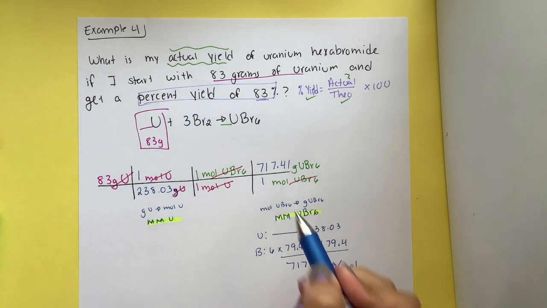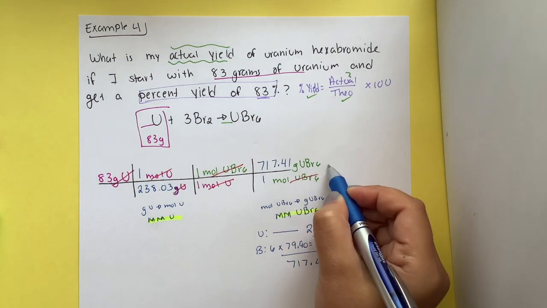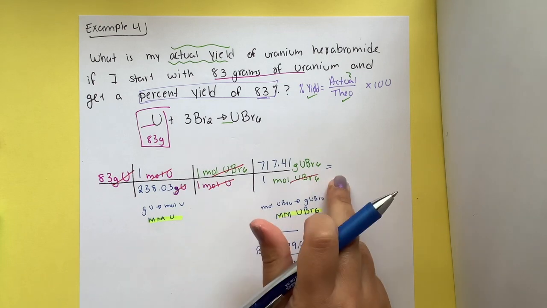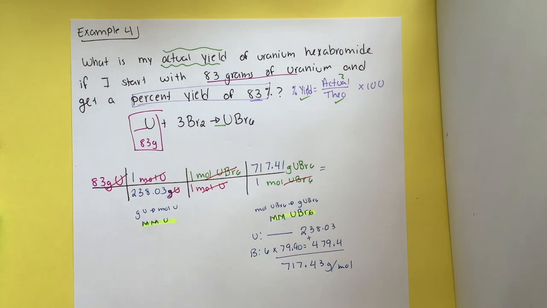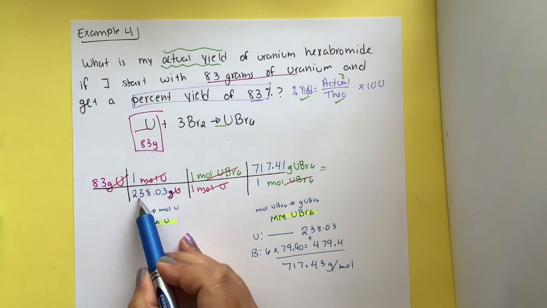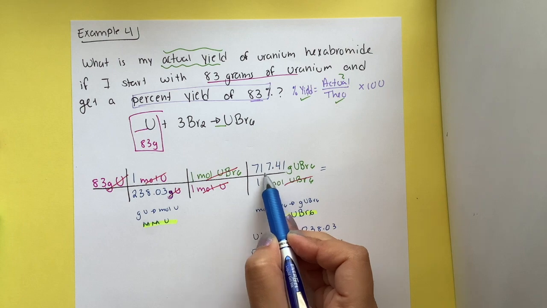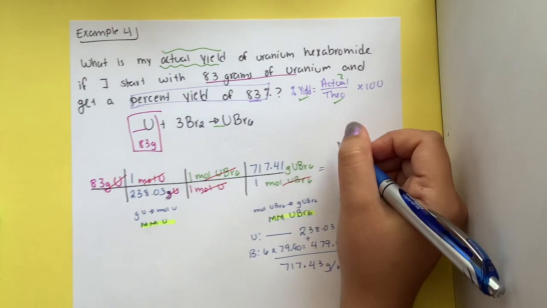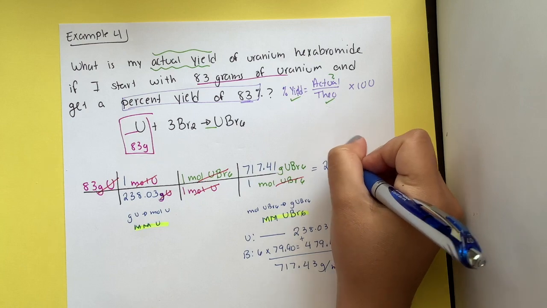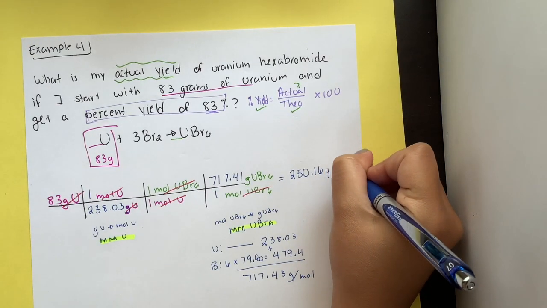And now that everything is canceled out except grams of UBr6, I am going to multiply and divide all of these numbers in order to get my theoretical yield. So I'm going to get my calculator. Do 83 divided by 238.03 times 717.41. And that gives me 250.16 grams of UBr6.